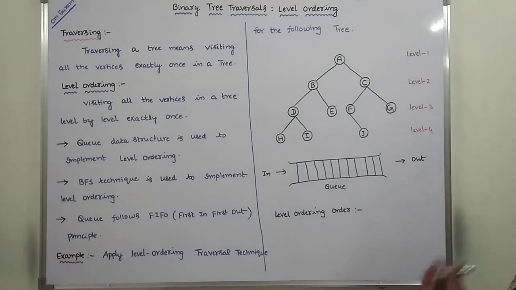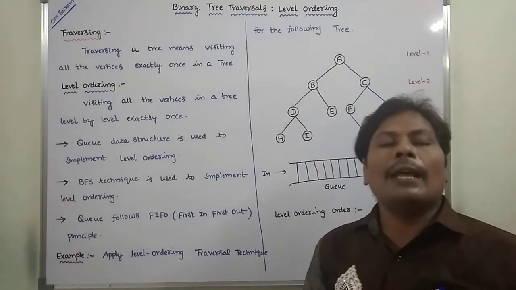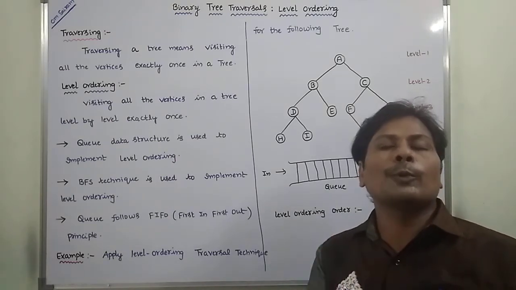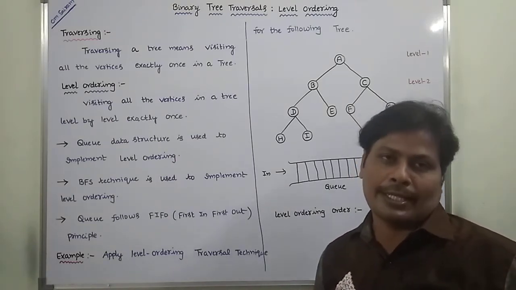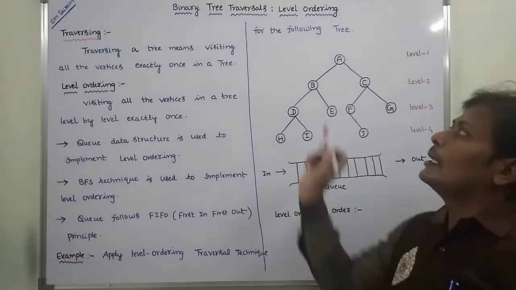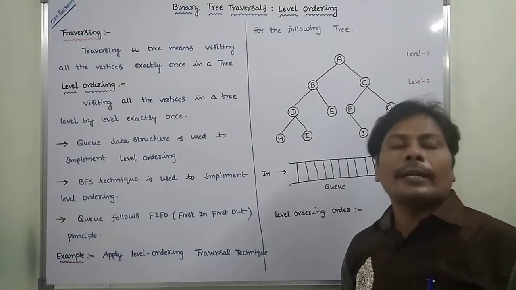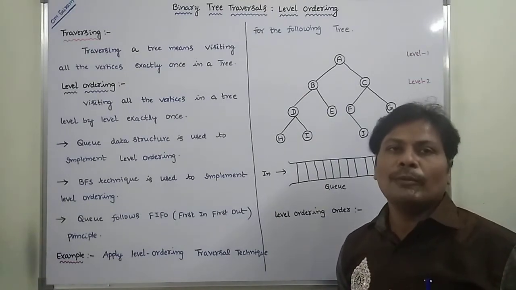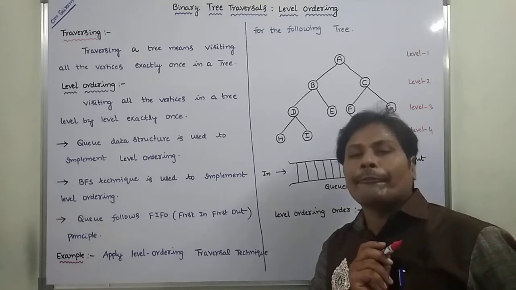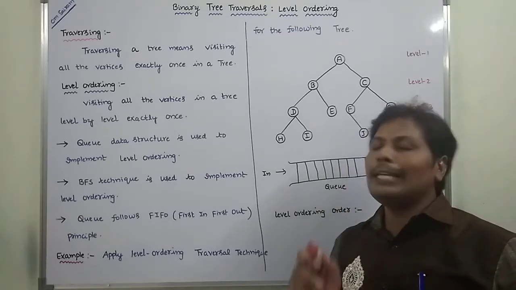Next, to implement the level ordering tree traversal technique, we use the queue data structure. Queue follows the principle called FIFO, that is first in first out.